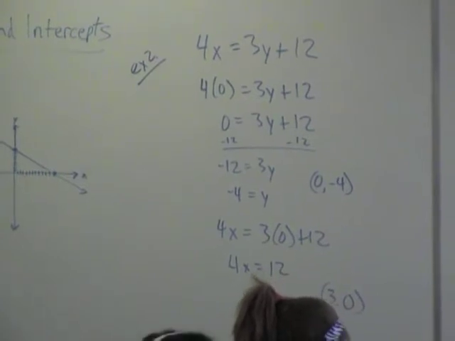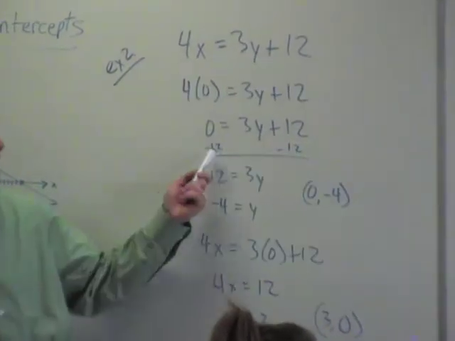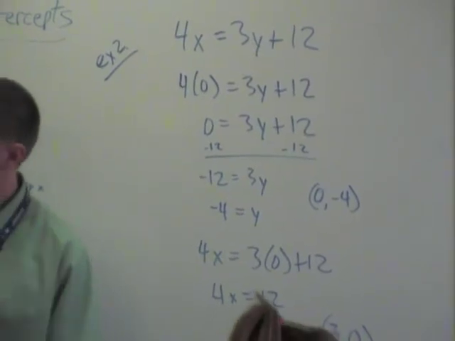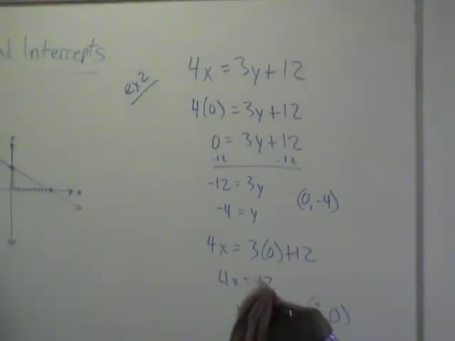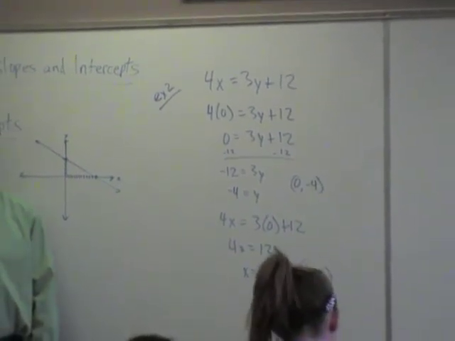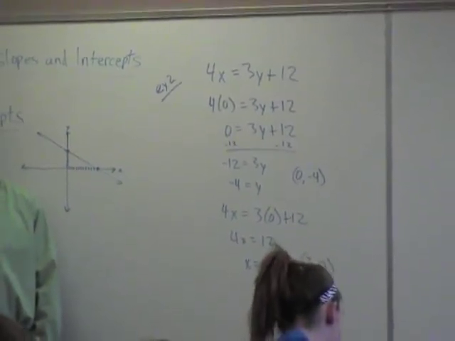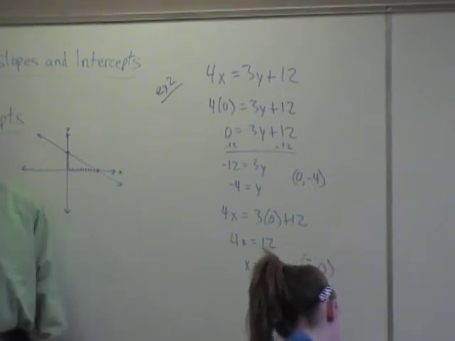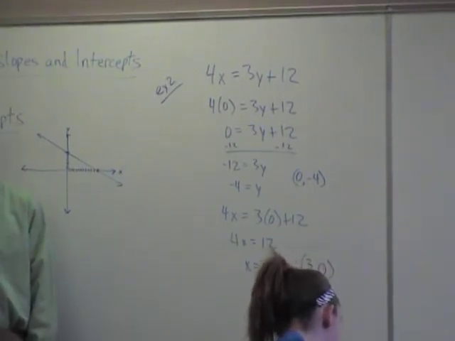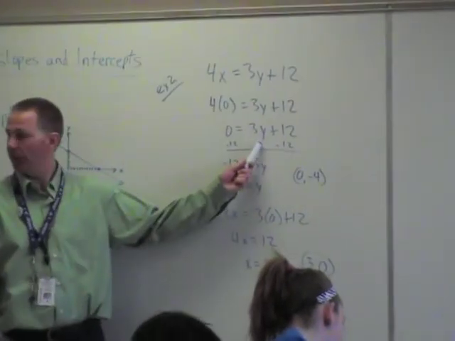Subtract 12, that became negative 12. Divided by 3 gives me negative 4. Let's look at your papers. Why did you subtract 12? Well, I gotta get y by itself.